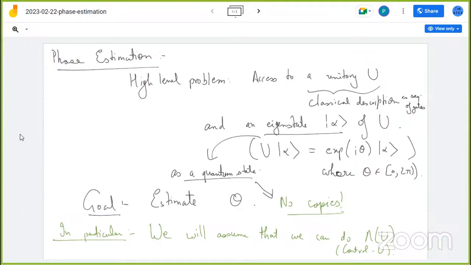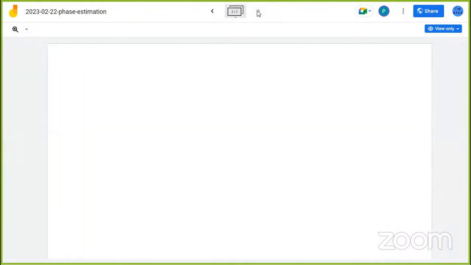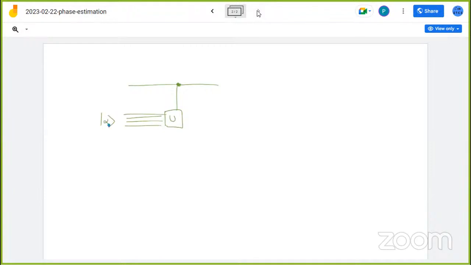Let's see what a control U will do. Of course the idea would be to feed the alpha into this, and then depending upon the control state, whatever.